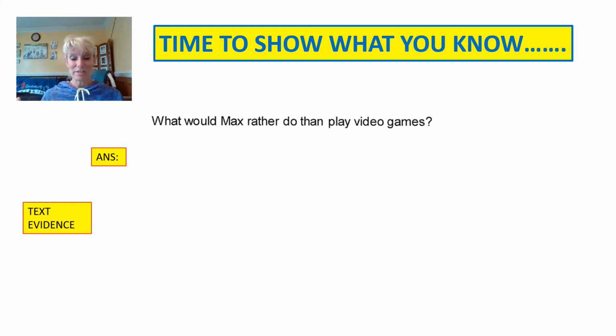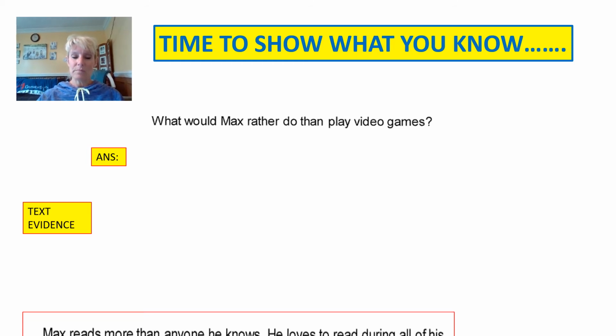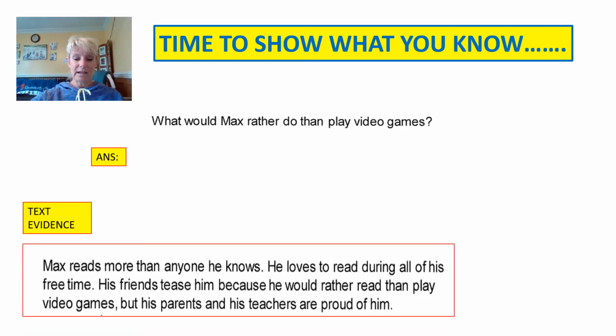So here are some questions, and on this particular one, there was fill in the blanks. I went back and looked for my text evidence, and I am going to bring it up and show you. Question number 1, what would Max rather do than play video games? I went back into my story, and I found this as my text evidence.